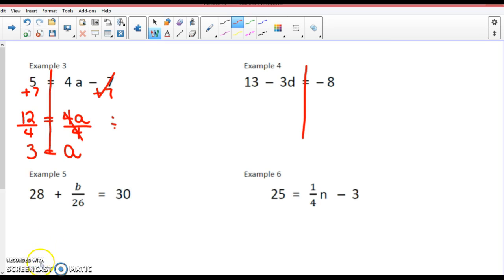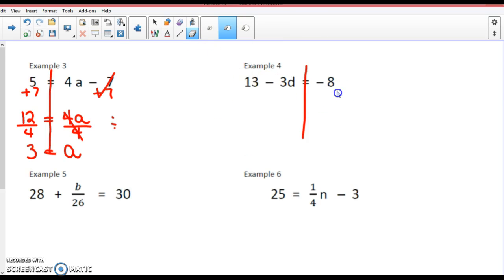Which number do I want to move to the other side first, Chloe? 13 is farther from the variable. How do I move this 13 over to the right? Chloe said add 13. Okay, look, 13 plus 13 is 26. That is not going to move it. I could do that, but it's not going to help us get the variable alone.